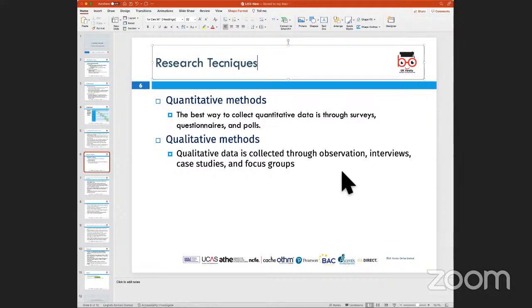Now, when we talk about data which is collected from observations, interviews, case studies, and focus groups, here you're going to be looking at examining that interview or observation. You're going to be comparing and contrasting, and then trying to understand and come out with a pattern or a theme, which is what will predict the outcome of the research.